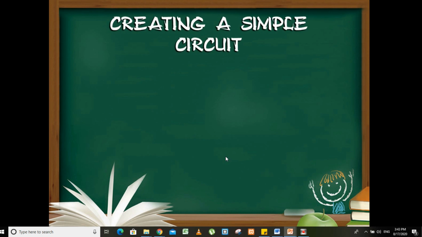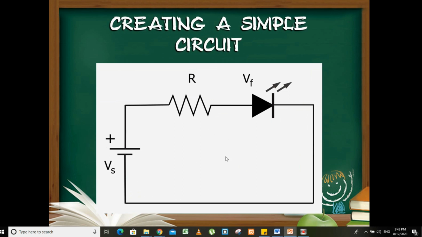Creating a simple circuit. From our previous discussion, we talked about a resistor, an LED, and a battery. So from an electronic point of view, this is the electronic symbol of a resistor.